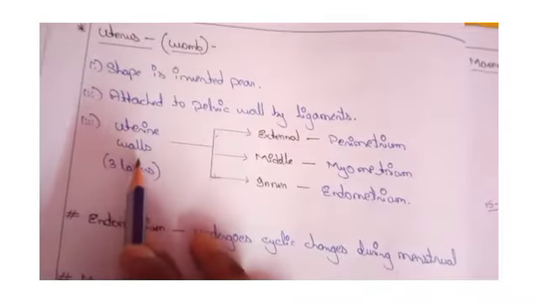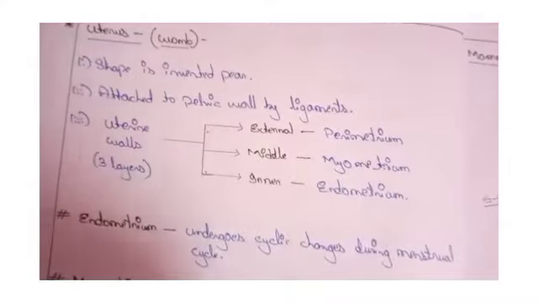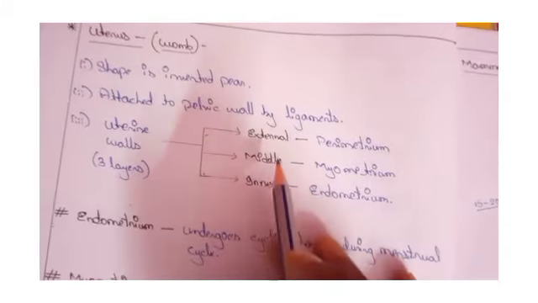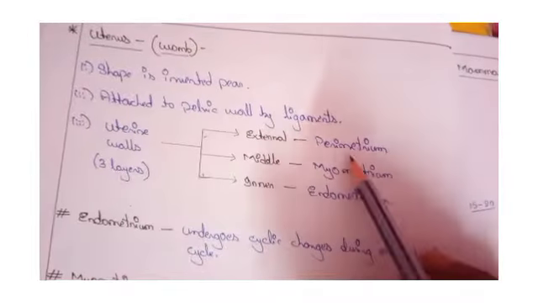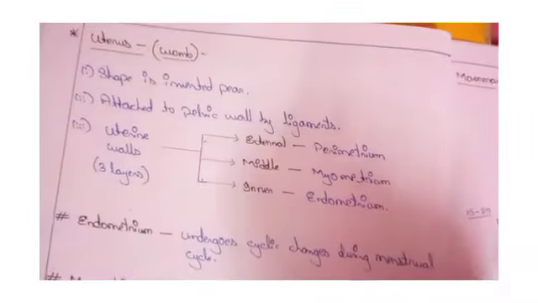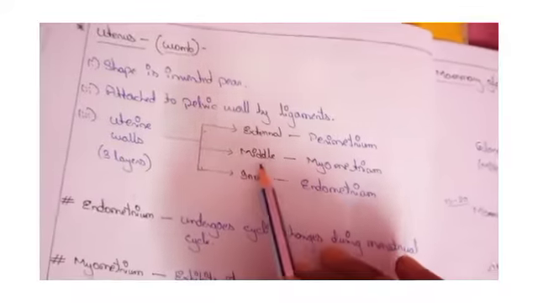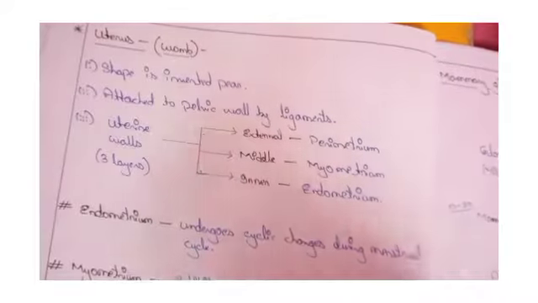There are three walls of the uterus: external wall, middle wall and inner wall. The external wall is perimetrium, the middle wall is myometrium and the inner wall is endometrium.